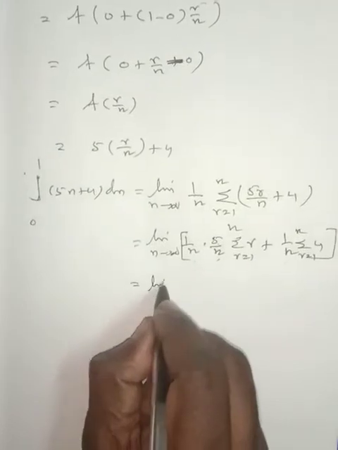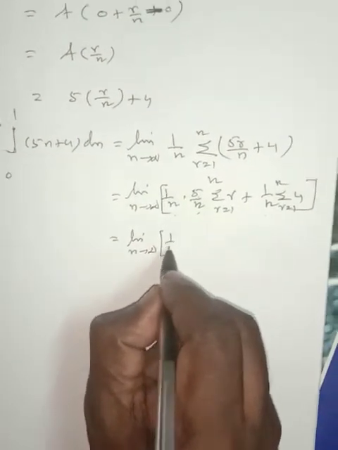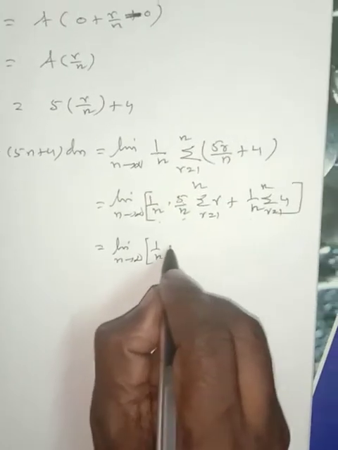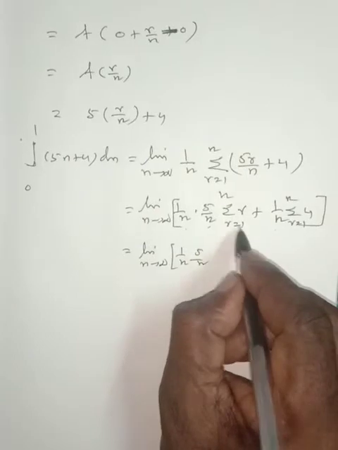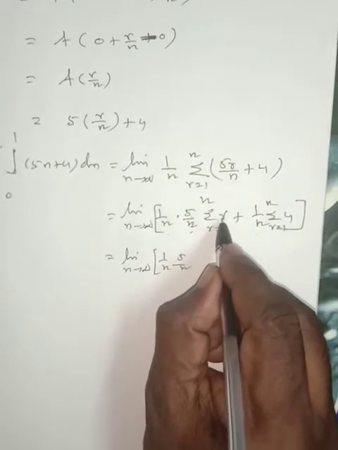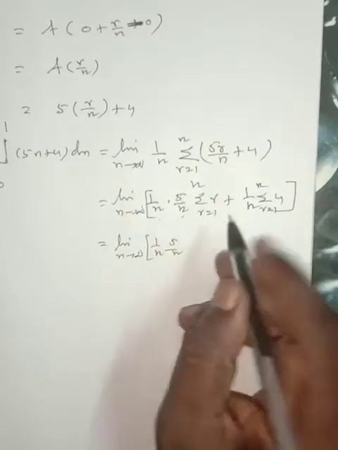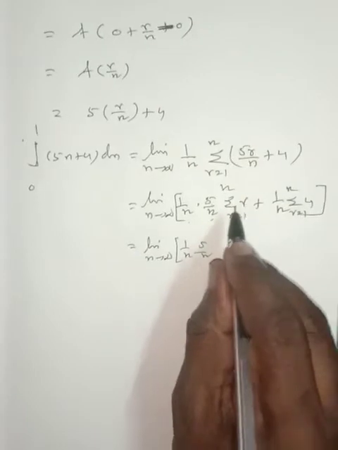Limit n tending to infinity 1 by n, 5 by n, sum of r varying from 1 to n. Put r equal to 1, 1 plus 2 plus 3 and so on to n, which is n into (n plus 1) by 2.